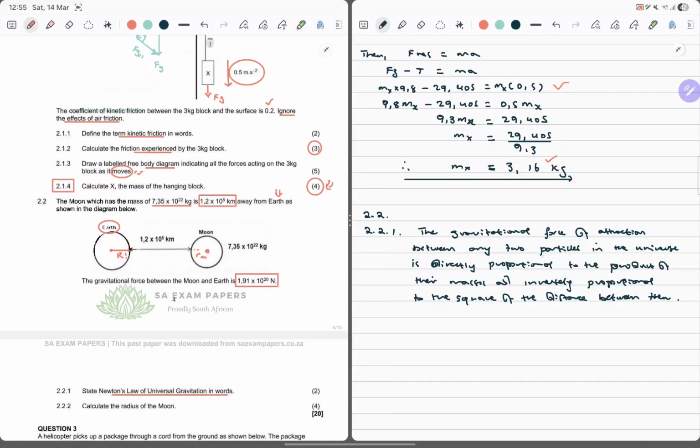If we said particles, we know that we'll assume that they're just spheres or points. Anyway, as I said, folks, it's very important to notice that this is a gravitational force and it's of attraction between any two particles in the universe. And of course, the proportionalities, folks, are very important.